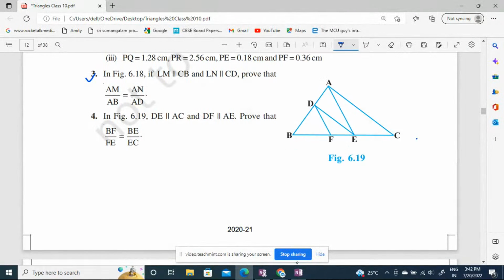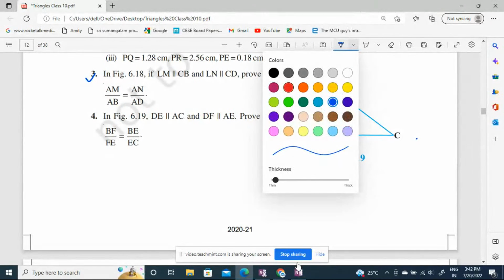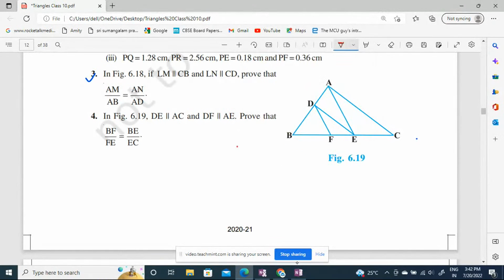You can see over here in figure 6.19, DE is parallel to AC and DF is parallel to AE. We have to prove this equation. Now I'm going to solve this question. Just see how we will solve this.